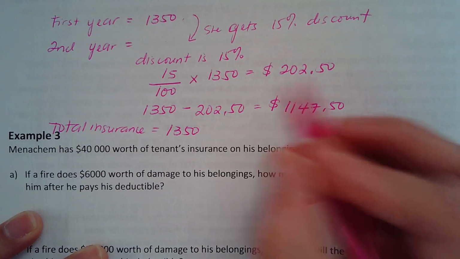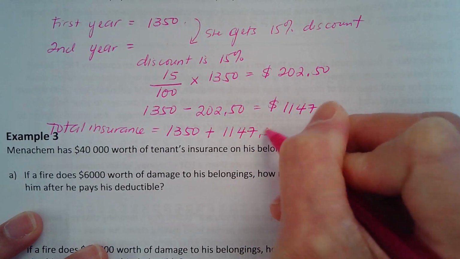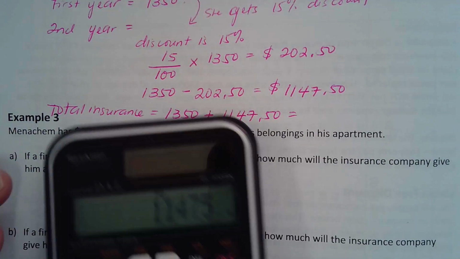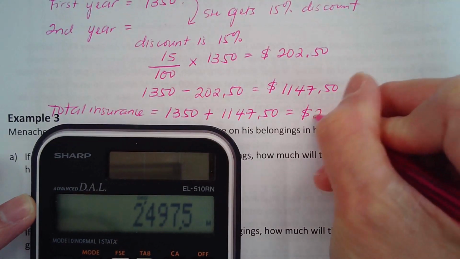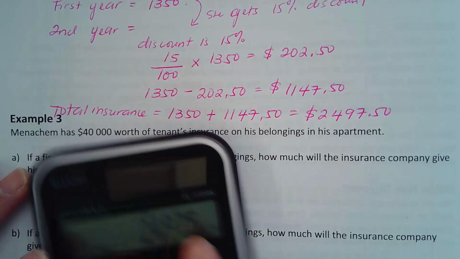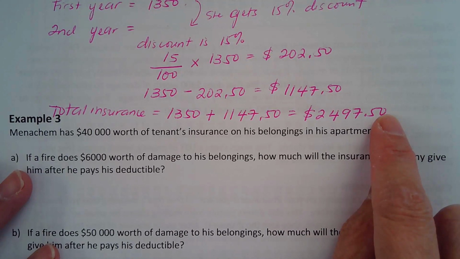So now she pays $1,147.50. Okay, so how much is that altogether? It's going to be $2,497.50 that she paid for the 2 years.